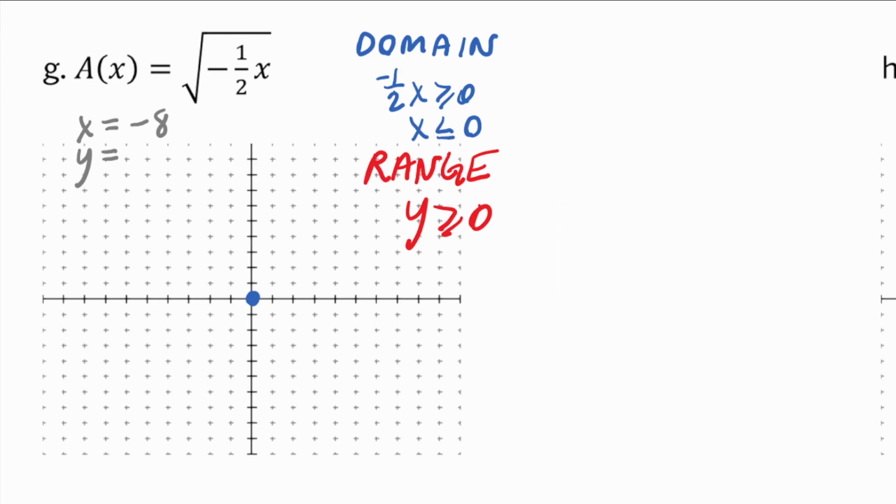That would be the square root of 4, and that's 2. So 2, 4, 6, 8, up to 2, and then I'll just fill that in. And then we see that the way that graph is going, we're going to cover all the positive y's eventually. It's going to take a while because that graph is growing super slow, but it is going up as I move to the left.